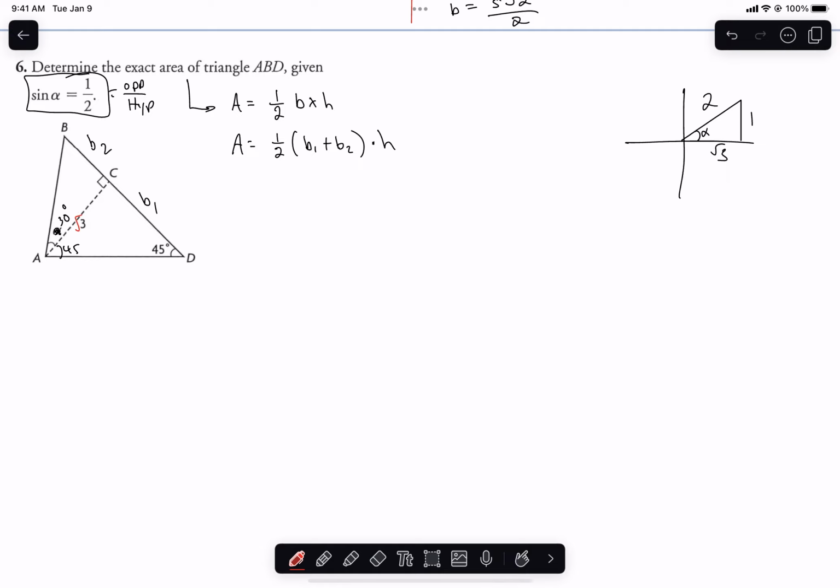So instead of it being root 3, it should actually be just 3. So although we may think that that's 1 and 2, these have been multiplied by some scale factor. I'm not too sure what it is yet. That's what we're going to find, right? I need to take whatever that scale factor is and multiply it by what would have been 1 and 2. But I'm going to figure out what that scale factor is using proportional reasoning, if you will.